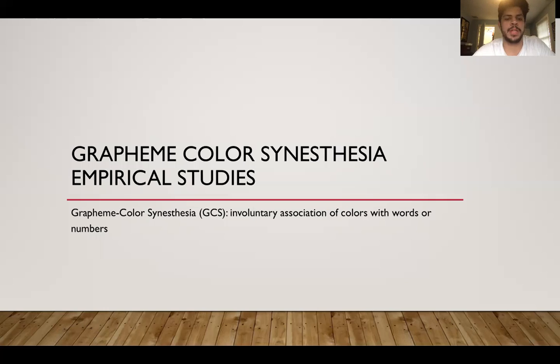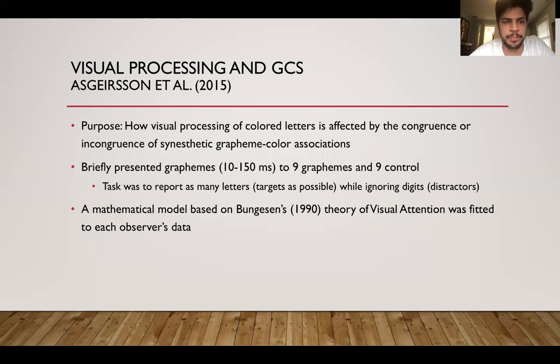So getting into grapheme color synesthesia, there are 3 empirical studies. Just to clarify, grapheme color synesthesia is the involuntary and automatic association of colors with numbers or letters. The first study I looked at was on visual processing with GCS by Adgerson et al. in 2015.